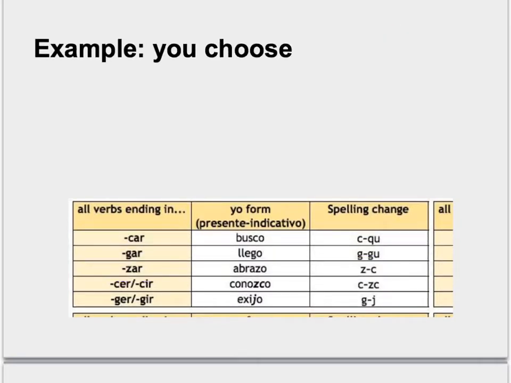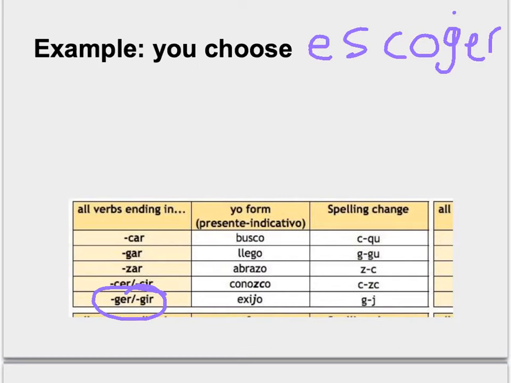All right, and one more. To choose is escoger. And that's a ger verb. And the yo form here is already a j.